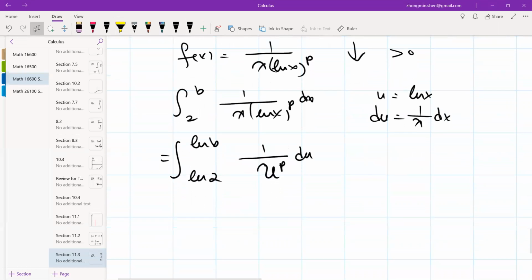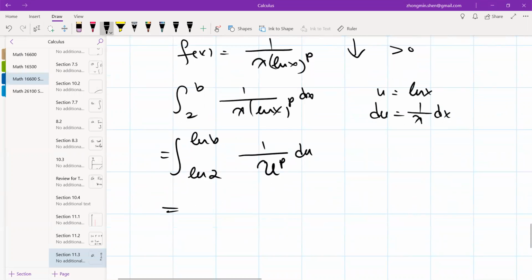So we can find when it's convergent: when p is greater than 1. When p is greater than 1, this is going to be 1 over p minus 1. Not 1 over p actually. Let's evaluate. Okay, when p is greater than 1, the antiderivative will be u to the 1 minus p over 1 minus p, right?